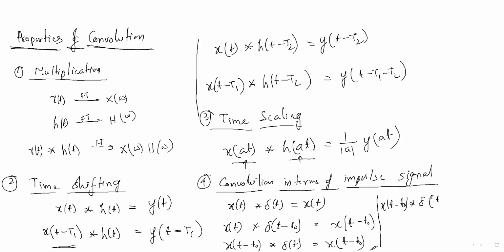Suppose this is x of t minus t1 and delta of t minus t2, then our output would be x of t only, but the shifted version term will be there. That is a thing you should know.